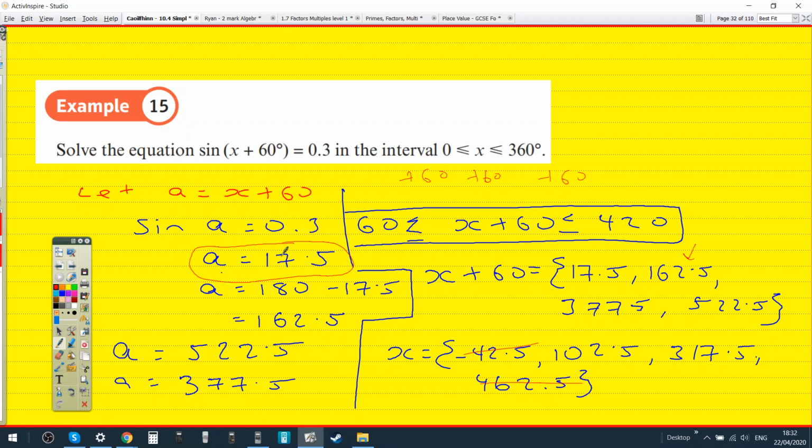But by adding 360 to 17.5, you ended up with one of our solutions. So you use things that are outside the range to get solutions that are inside the range. In general, just keep everything until the very end and then edit out what you don't need, so you don't have to think about it as you're going.